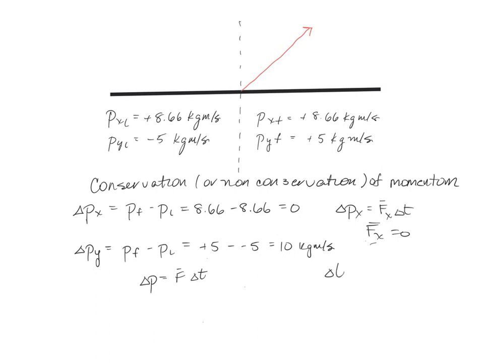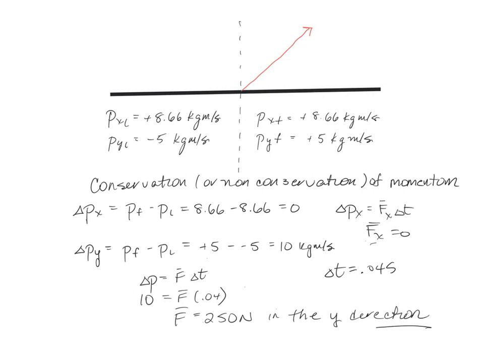Let's say that the time of the collision is, I don't know, let's pick a good number, 0.04 seconds. Then we get delta P, which is 10, is equal to average force times 0.04, which gives you an average force of 250 newtons. And notice that's in the y direction.